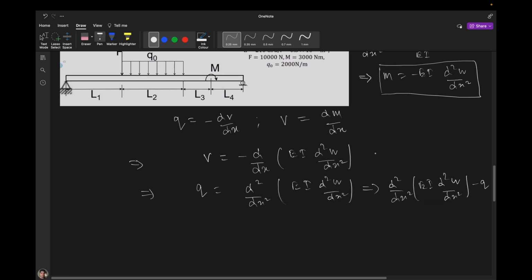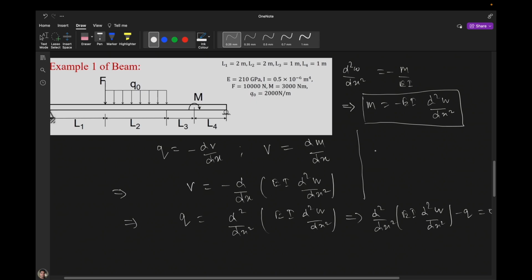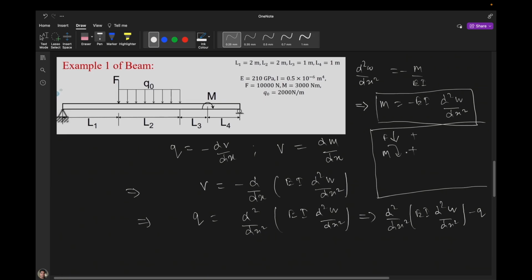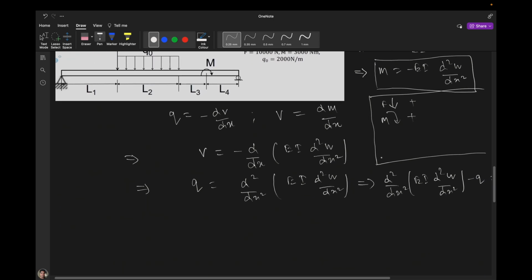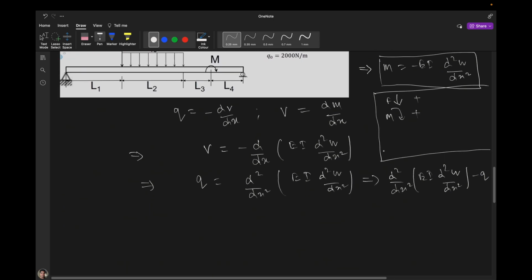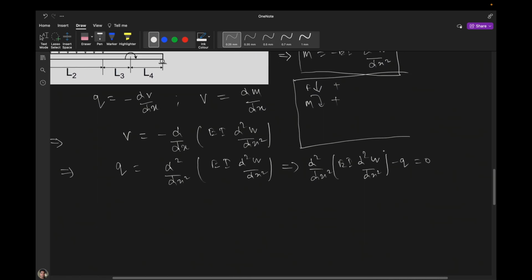Also we need to take care of some sign convention. In this problem, the sign convention was: when forces are downward, we take them positive; when moments are clockwise, we take them positive. So this is the boundary condition we have to take care of. Let's see what the variational form of this differential equation is.